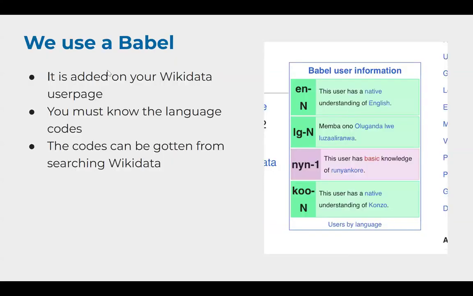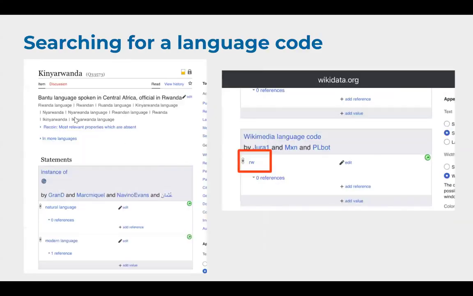Then we are also going to look at the Babel. To add a Babel, it is added in the Wikidata user page. You must know the language codes, and we're going to see how to search for them. The codes can be gotten from searching Wikidata. For example, here you come to Kinyarwanda, this is the Wikidata item for Kinyarwanda.